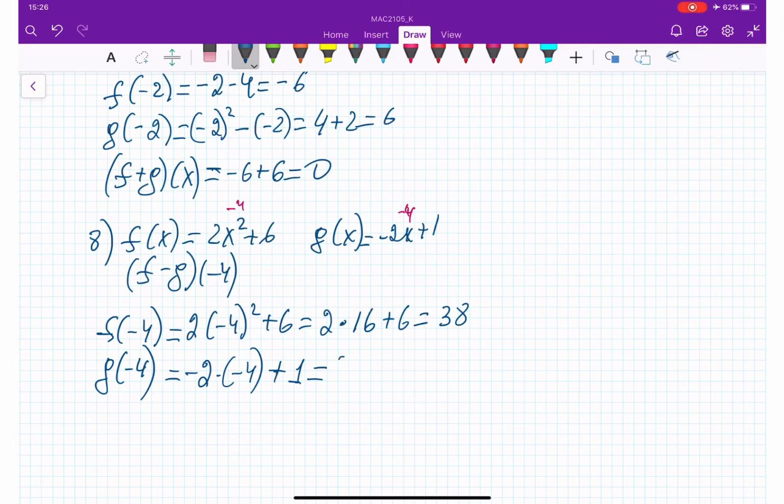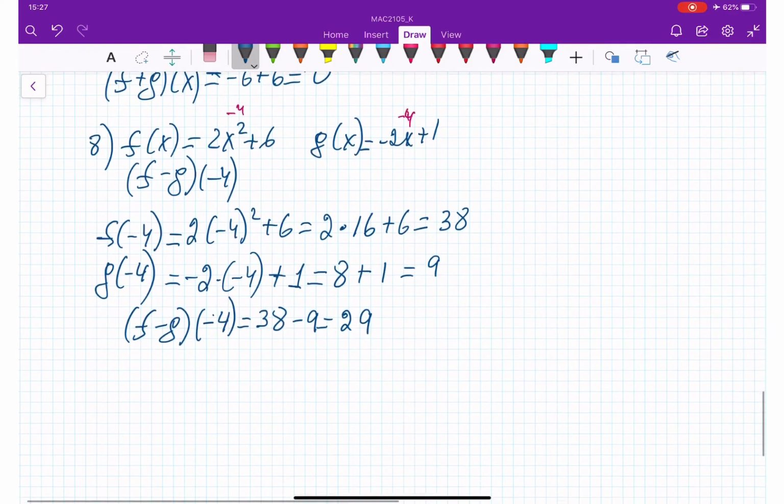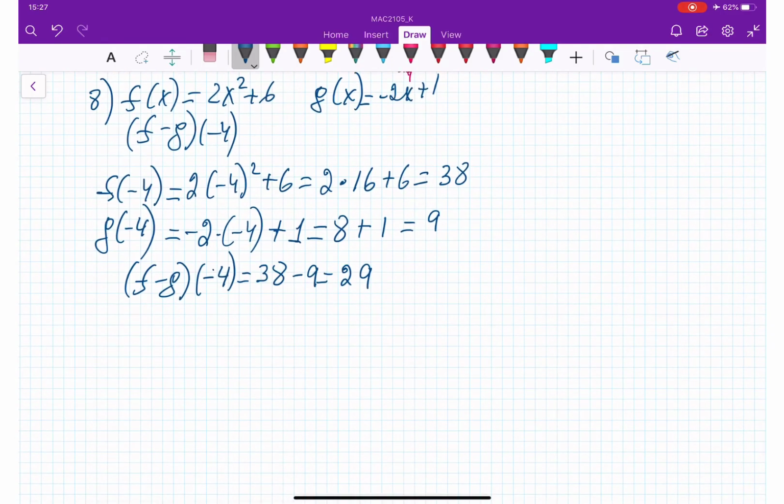That is equal to positive 8 plus 1, and we are getting 9. So f minus g of -4 is equal to 38 minus 9, which is equal to 29. All right?